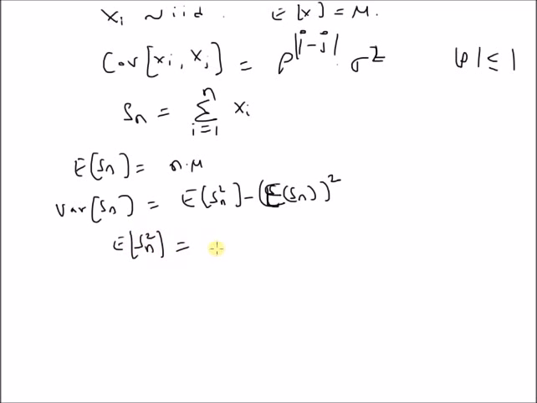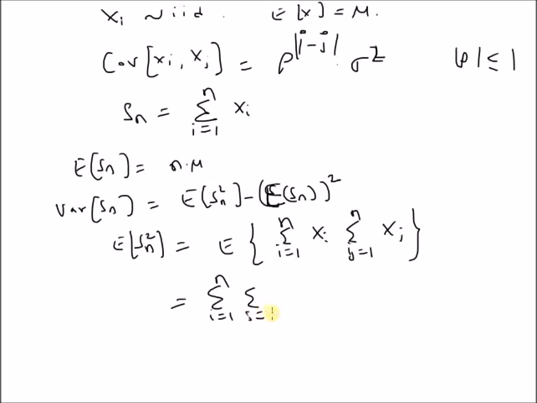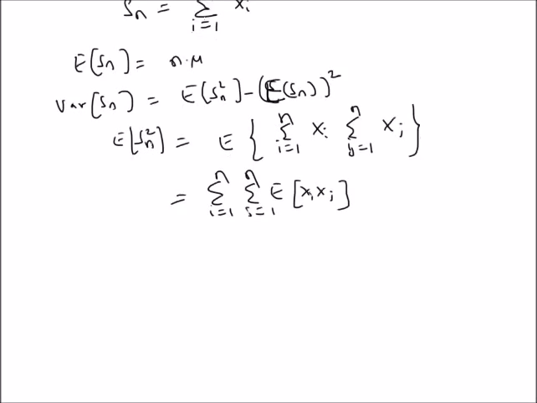Which is equal to expectation of the sum i equal to 1 to n xi times the sum j equal to 1 to n xj, which is equal to double summation i equal to 1 to n, j equal to 1 to n, expectation of xi times xj, which is basically the correlation between xi and xj.